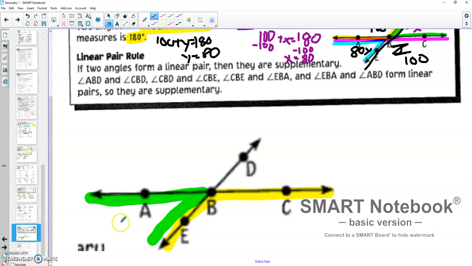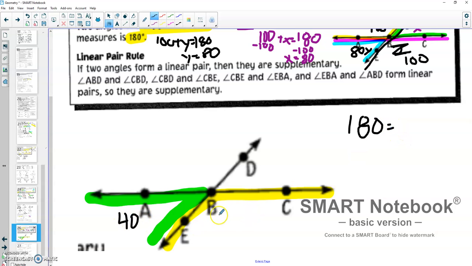So let's make it a little bit difficult. Let's put 40 here. If this is 40, what does this have to be? Again, we know our supplementary total has to equal 180.